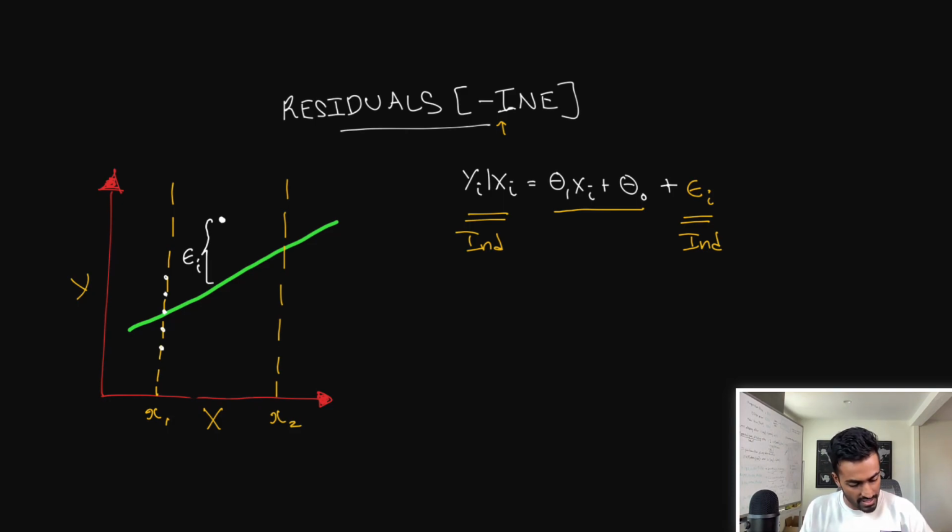Next assumption is going to be our normality assumption. This basically says that this residual over here is going to be distributed normally with a mean of 0 and some value of sigma i squared, which is going to be the variance.